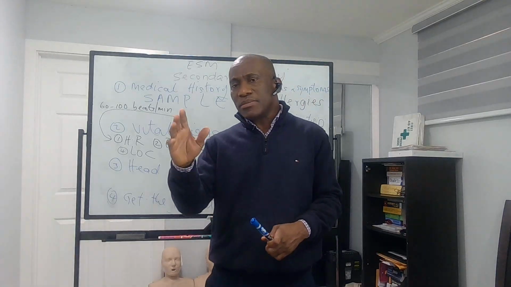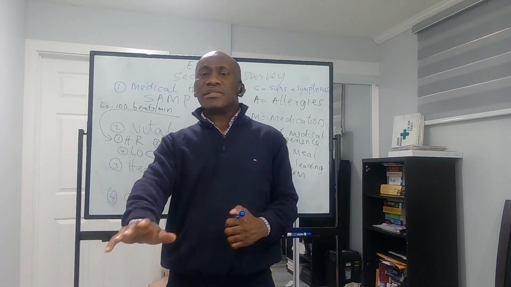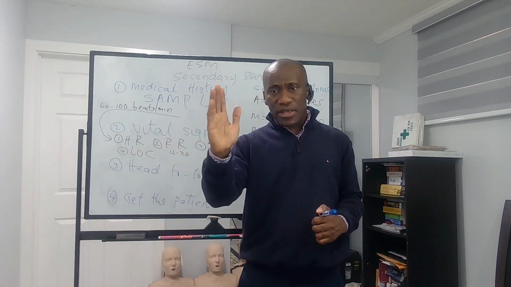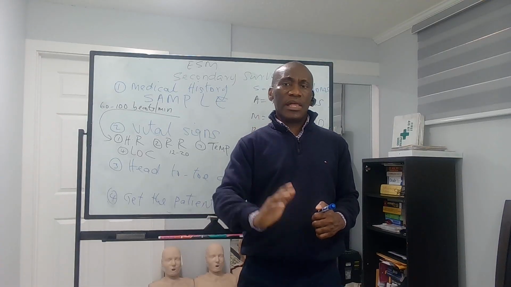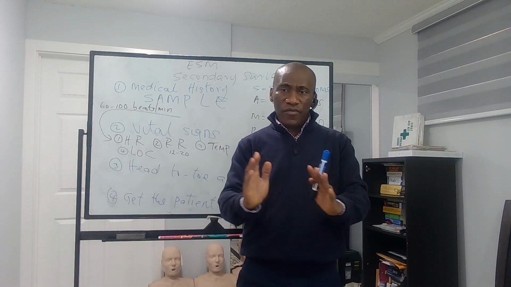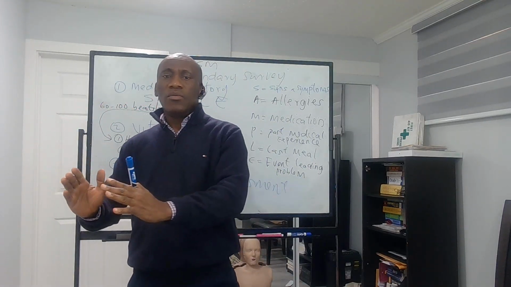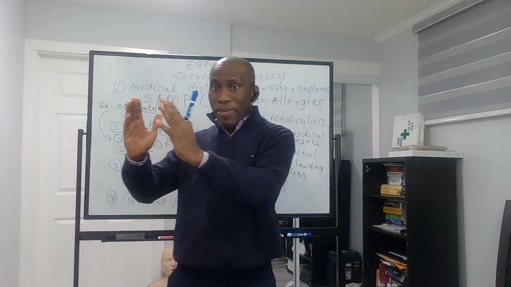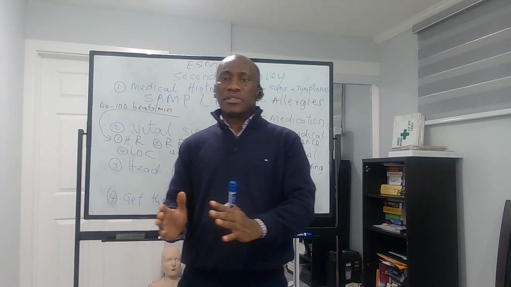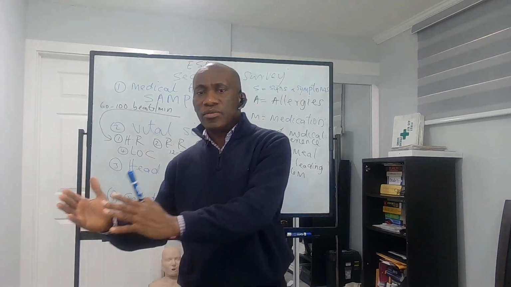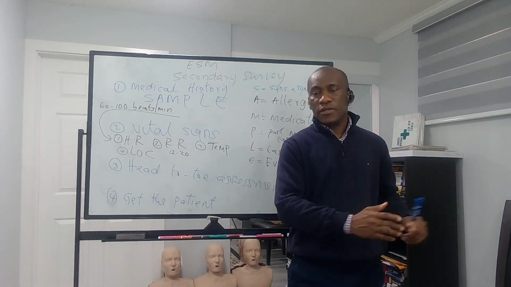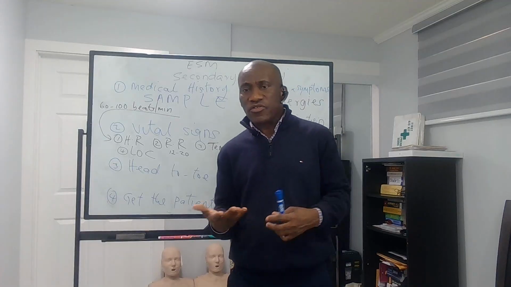So that means in terms of level of consciousness, the person is dropping. The person is moving away from what is considered normal, what is considered perfect, what is considered appropriate, to something that is not good.